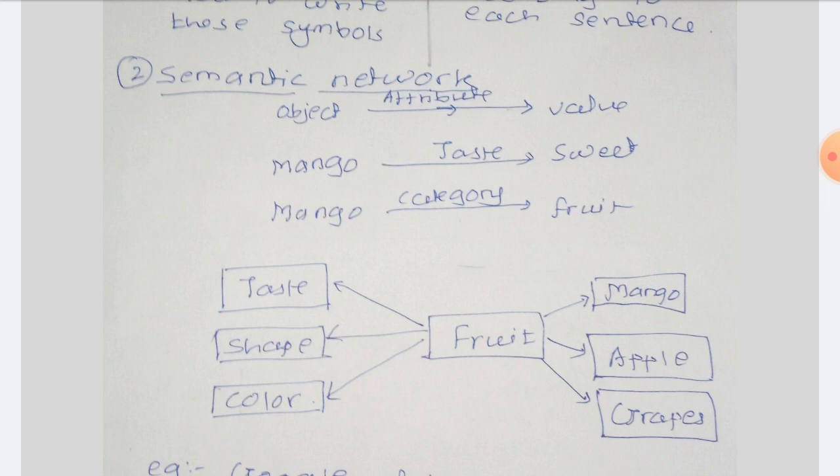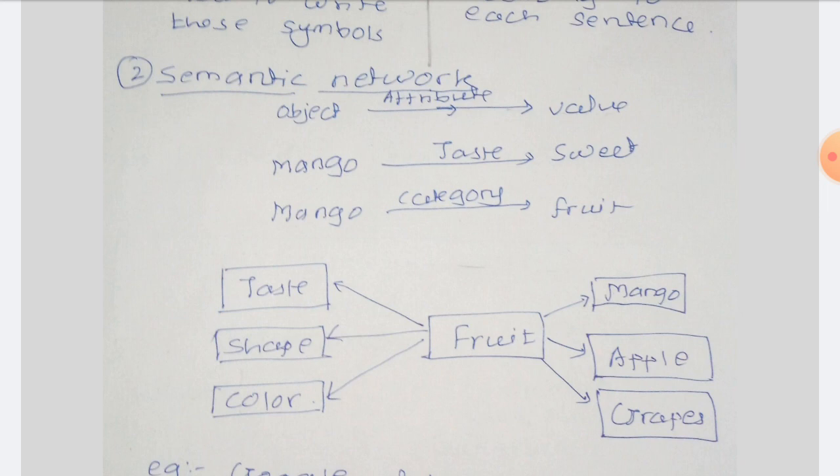Now let us take the example of mango. Here the object is mango and the attribute I am using is taste. Which kind of taste does mango have? If I am saying the mango is sweet, then the value is sweet. Object is mango, attribute is taste, and the value is sweet.